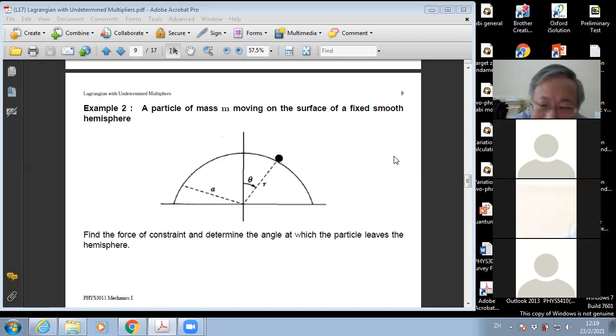Basically, if it moves along the smooth hemisphere and we assume it is bound to the hemisphere, then at a certain time, in the centripetal direction, there is an acceleration, and that acceleration should be given by v squared over r.